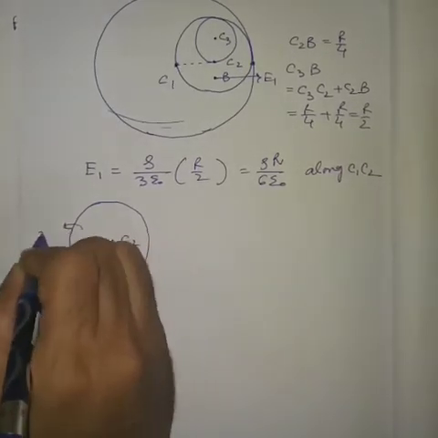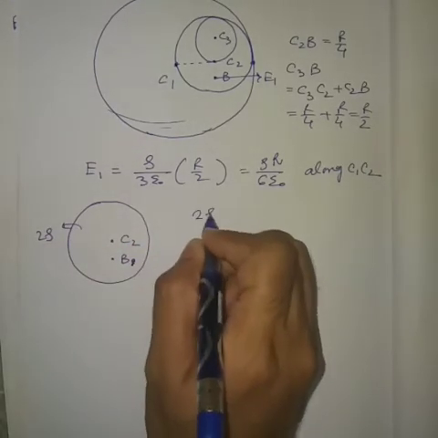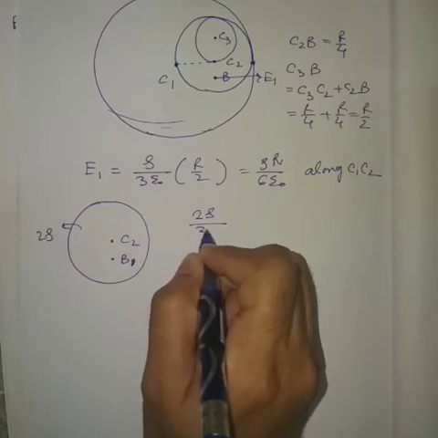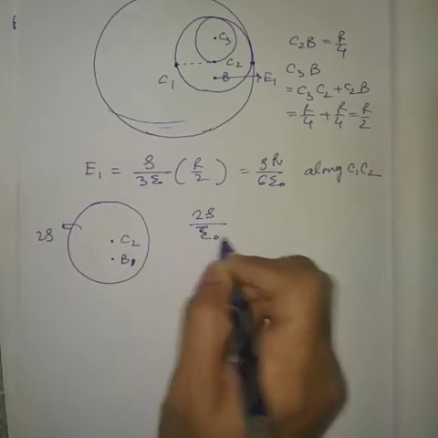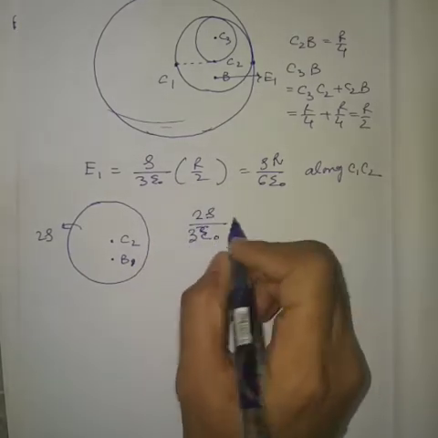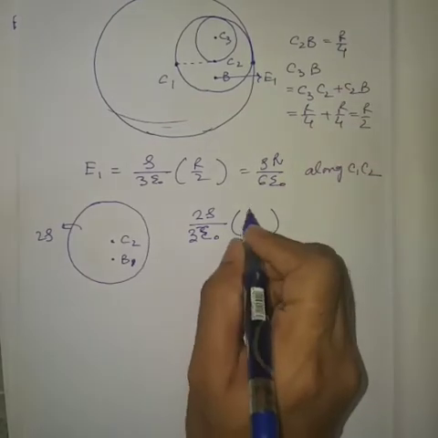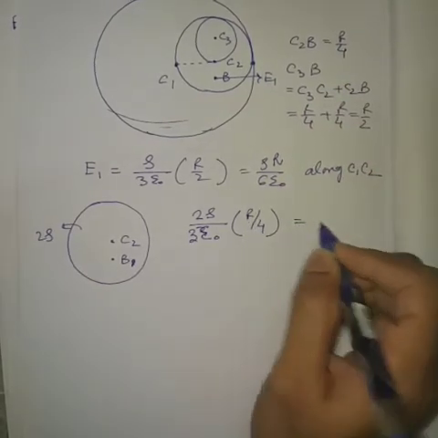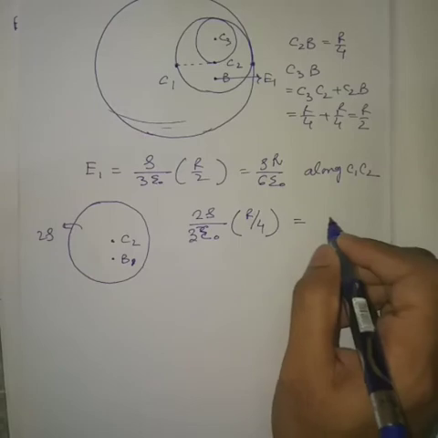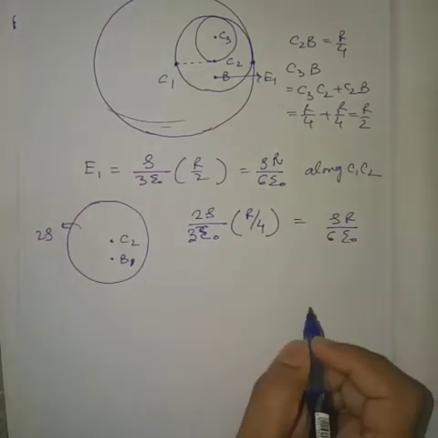This sphere has a volume charge density 2 rho, so 2 rho by 3 epsilon naught into the distance. This distance C2B is given as r by 4. So this is rho r by 6 epsilon naught.